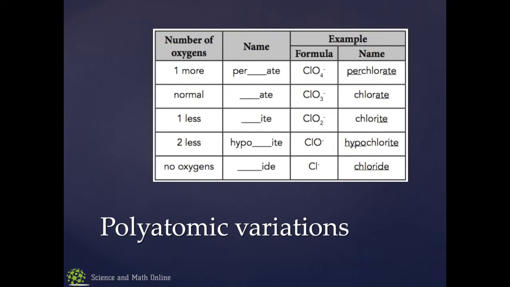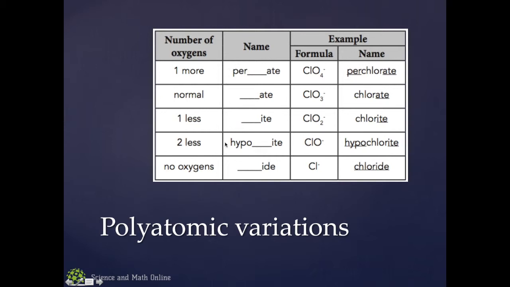Now, I will say, in terms of polyatomic ions, the ates, the normals, the reason why I call them normals, because they're the most common. Honestly, probably 90% of all the ions you're going to run into are going to be ates, or one of the memorized ones I'm about to give you. So this accounts for the majority of the ions you're going to see. You run into some of these. Like I said, perchlorate is the only one of these I'm even thinking of.